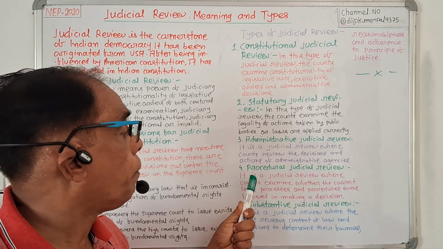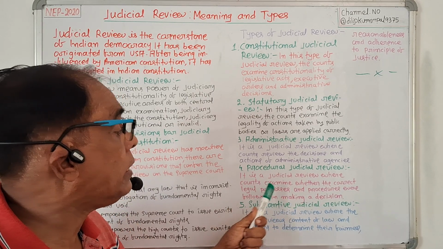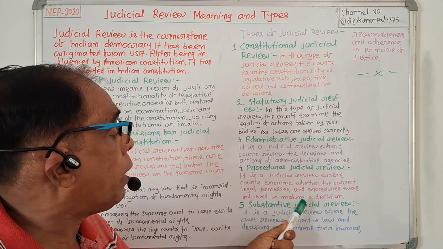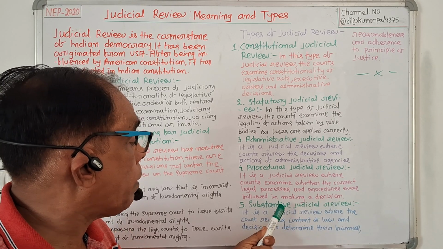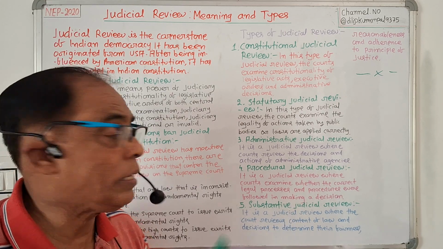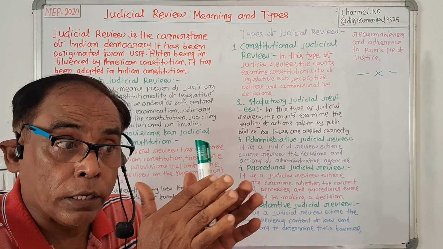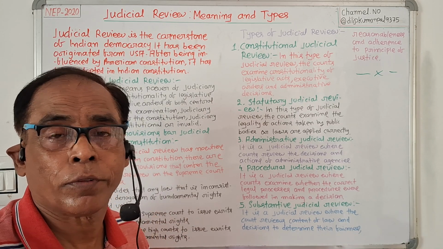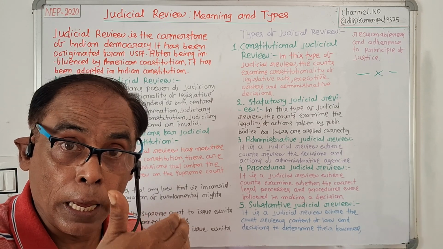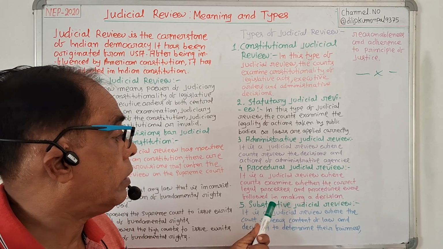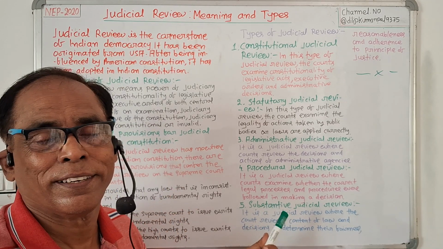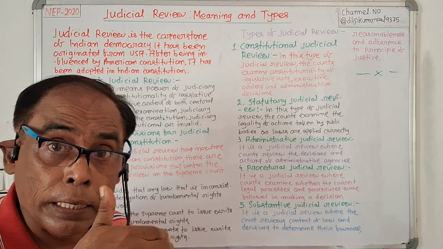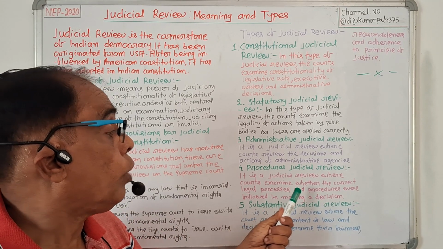Then the fourth one is procedural judicial review. It is a judicial review where courts examine whether the correct legal processes and procedures were followed in making a decision. In the procedural judicial review, the court will examine whether the right procedures, right processes have been applied in making a decision.